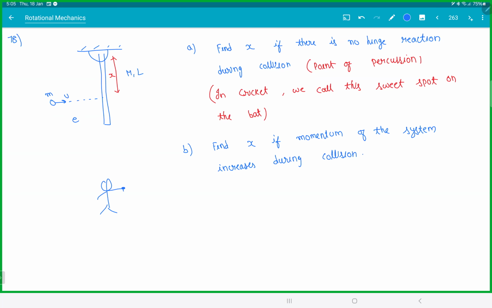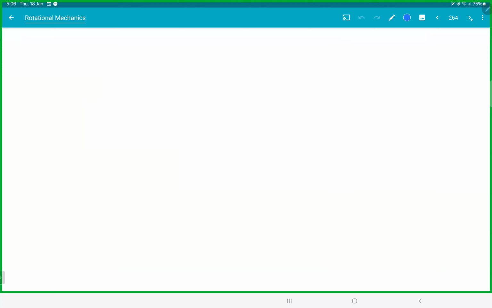If this point is trying to move, then there'll be a hinge reaction. So what if during collision the velocity of that point becomes zero, if it becomes the IAR? Then is there a need for hinge reaction? So if the velocity of that hinge is 0 during collision, there is no need for hinge reaction. The reason you get hinge reaction is because that point is trying to move, but you connected it with a rod and it can't move, so that creates a hinge reaction.